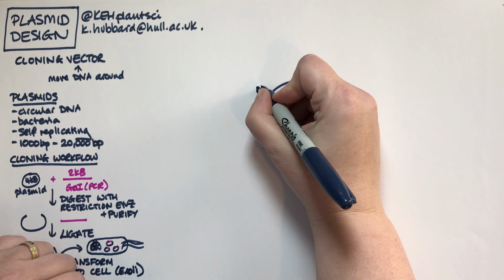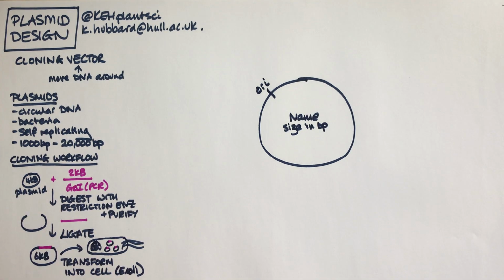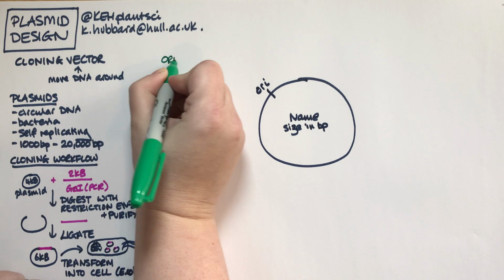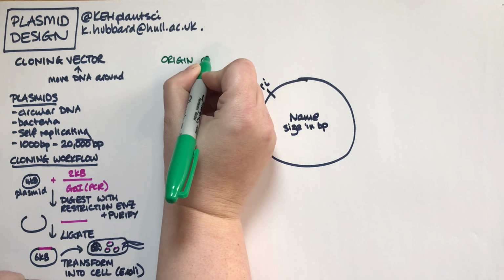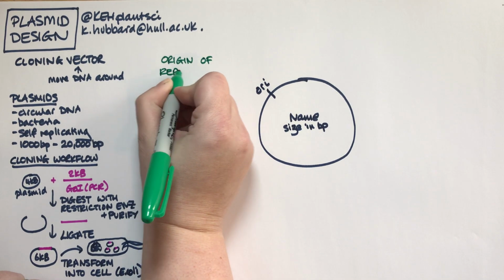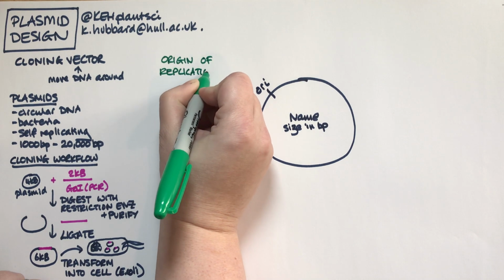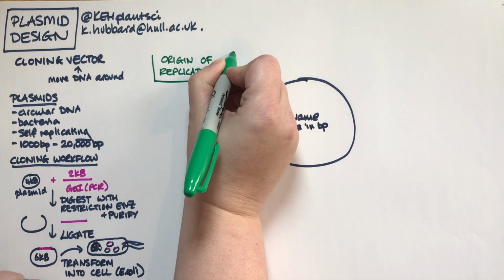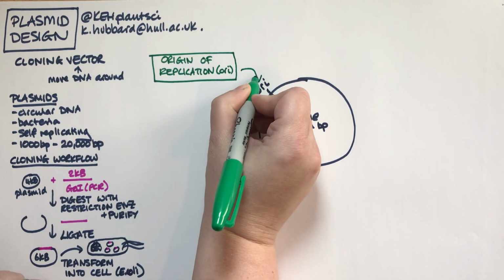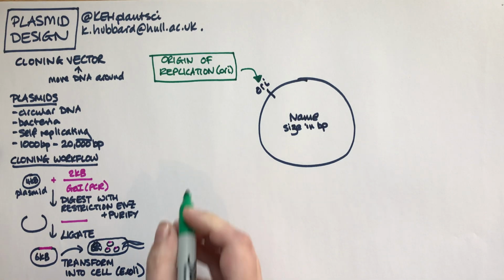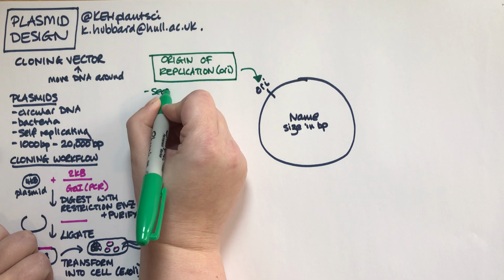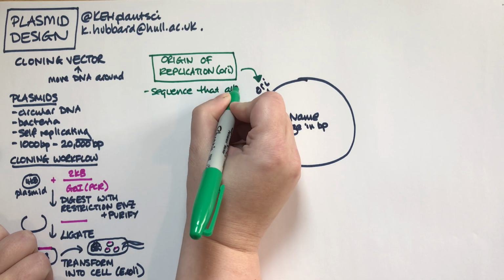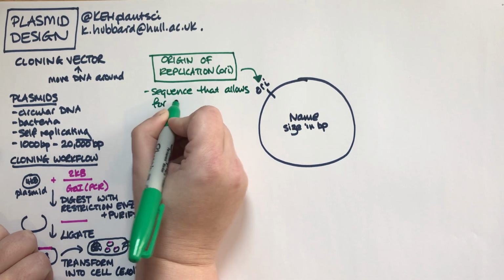So what's the first thing we need? It's abbreviated to ORI, and it's called the Origin of Replication. This is a sequence that allows for DNA replication.